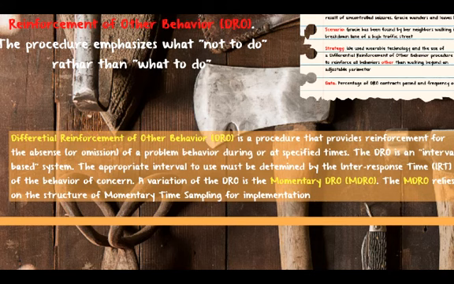And this has to be done person by person, individual by individual. That determination in terms of the DRO interval needs to be individualized. That is something that you can expect your BCBA supervisor to be doing.